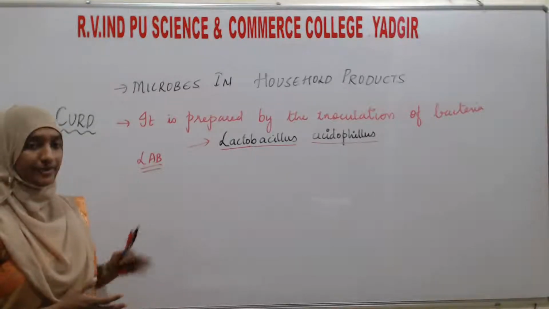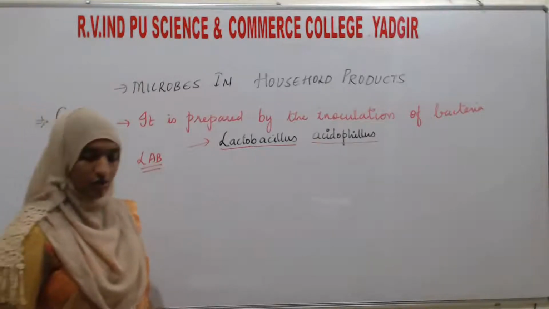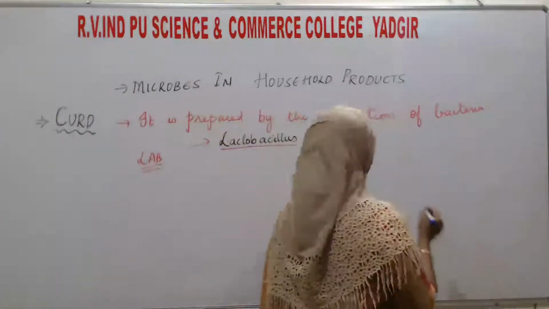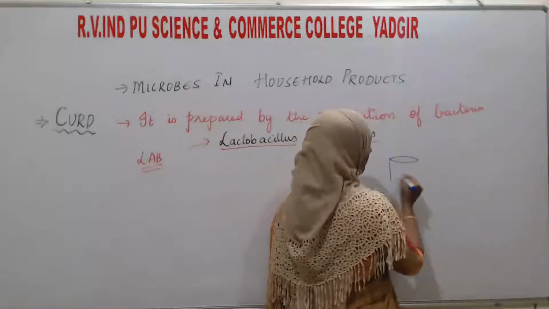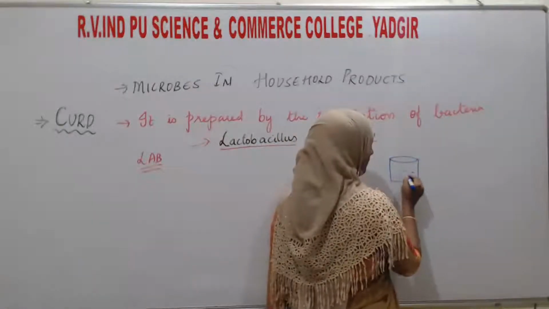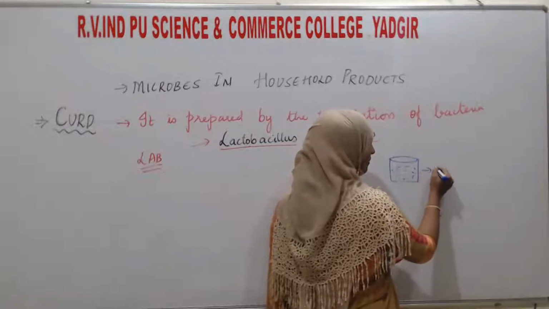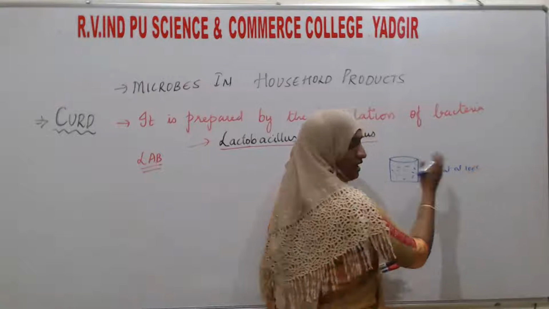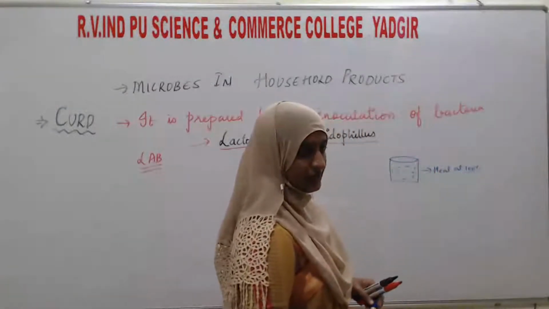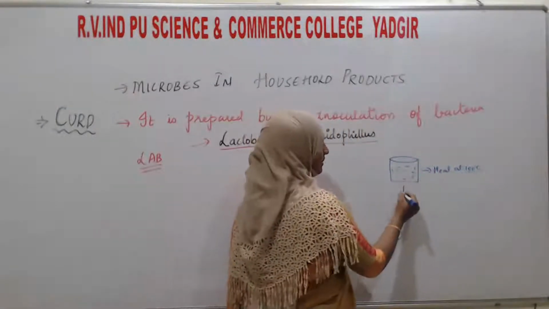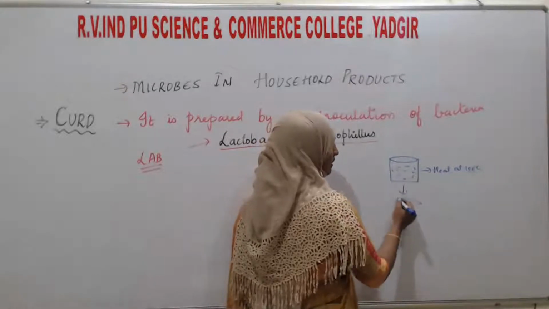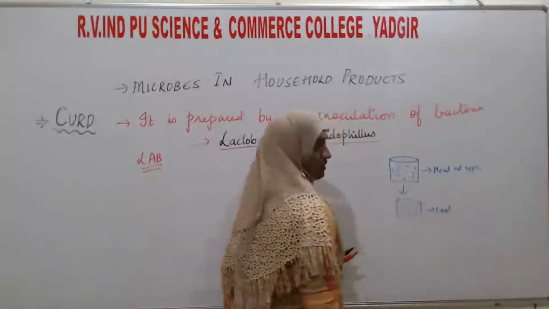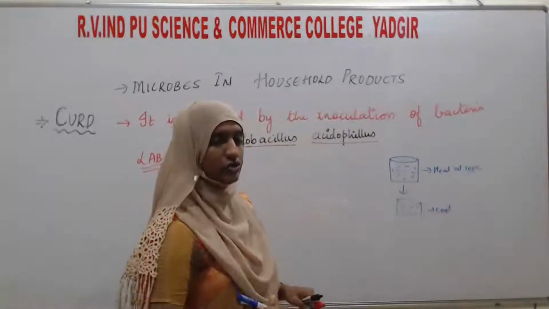Let me tell you how curd is prepared. First you take a container, put the milk in, and heat it at 100 degrees Celsius or above. Then you keep it to cool down, and the temperature should come down.